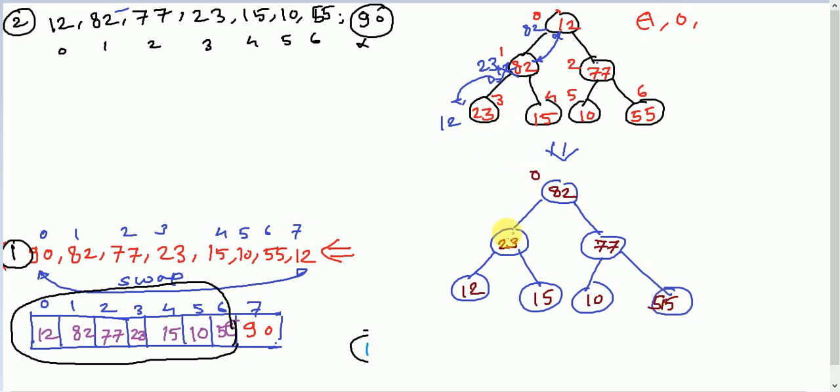So this is index 0, 1, 2, 3, 4, 5 and 6.